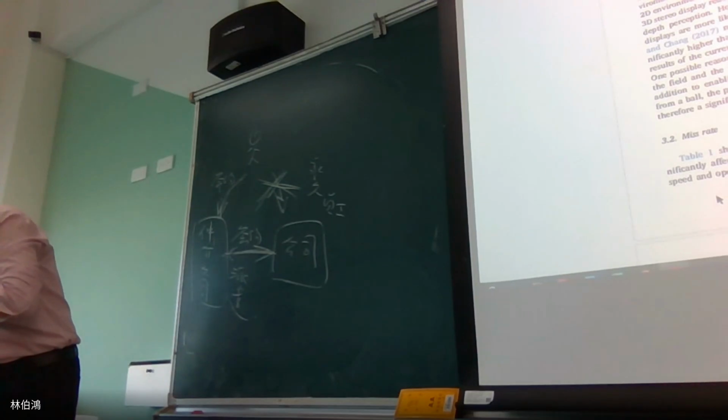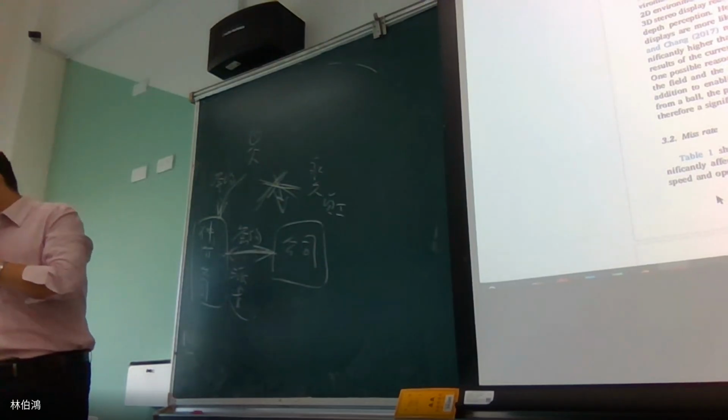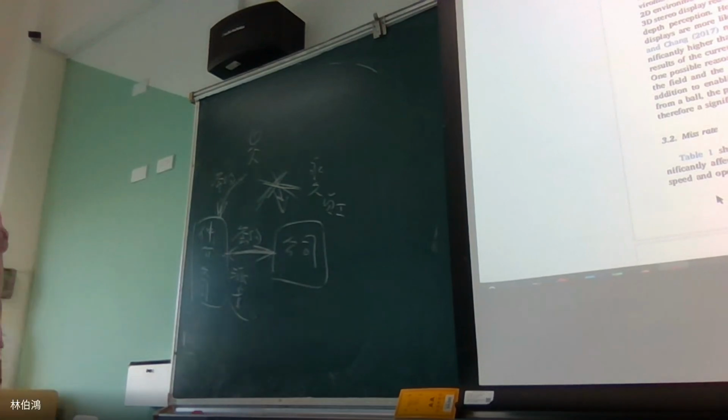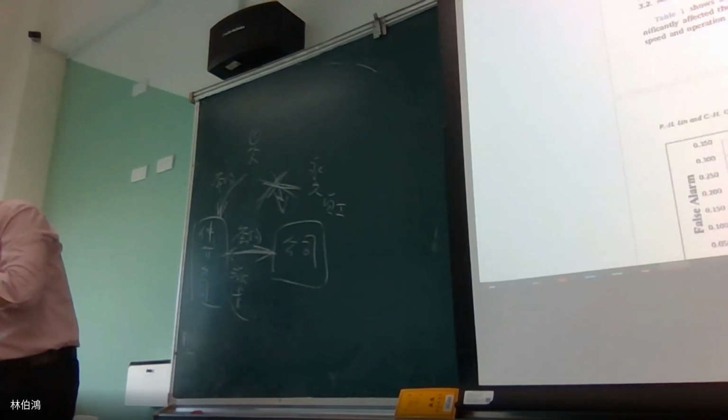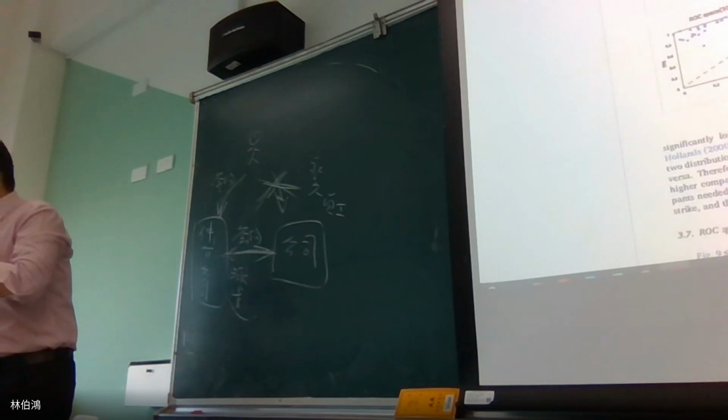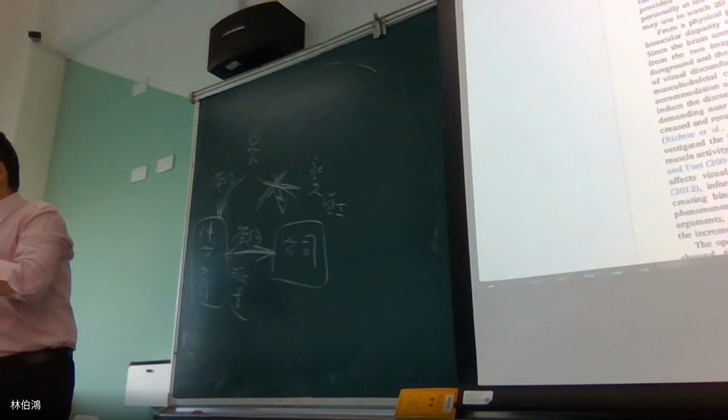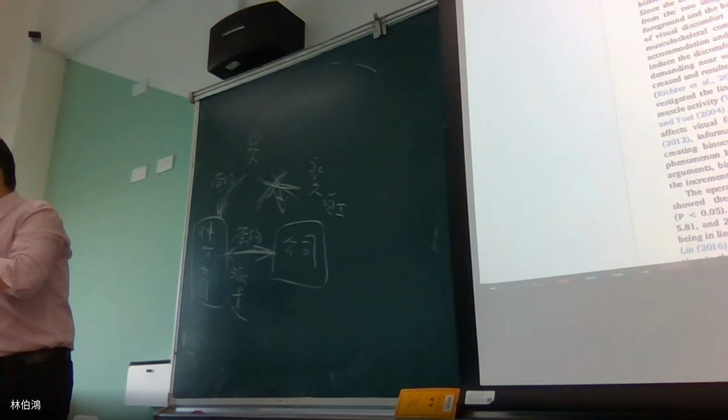So this can increase eye strain. Also the trapezius muscle, just like this lecture talked about. If you see the 3D image, not only do your eyes feel fatigue, but your muscles will also feel the fatigue.